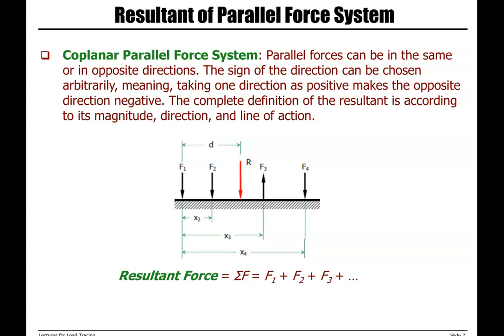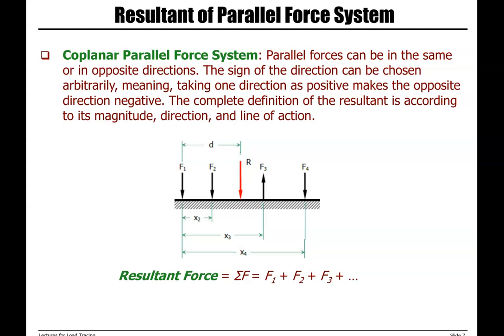Next thing that I want to review before we start load tracing is the calculation of resultant of forces. In this example, we have a coplanar parallel force system. So we have F1, F2, F3, and F4, and we have the distances x2, x3, x4, and so on.